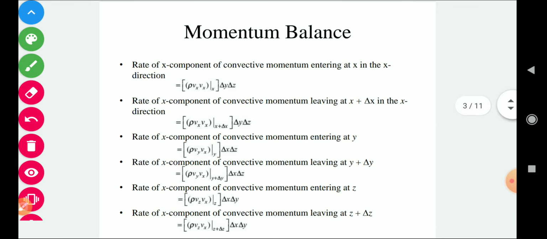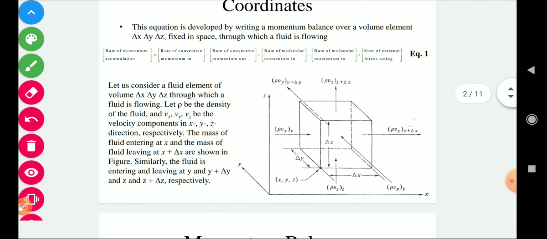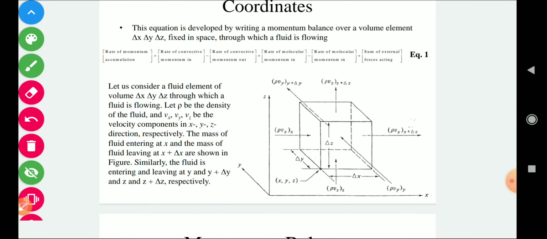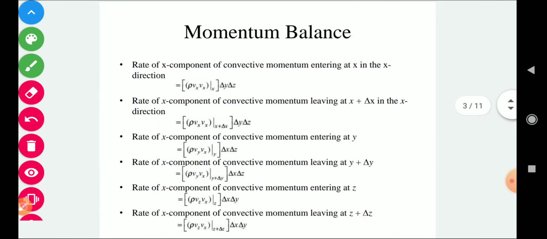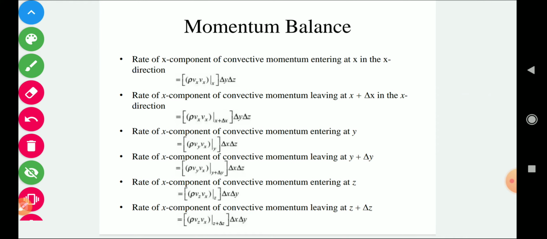As you can see, entering in y direction, so y direction, this face. So here height is delta z and length is delta x. So delta x delta z is the area. Similarly, the rate of x component of convective momentum leaving at y plus delta y will be rho vy vx at y plus delta y into delta x delta z.